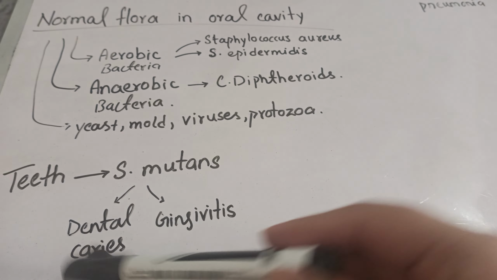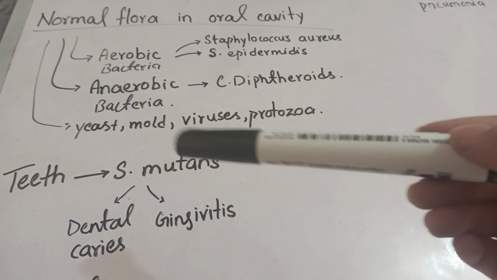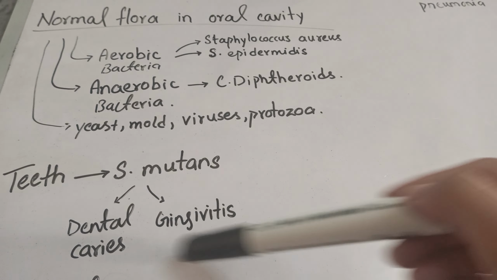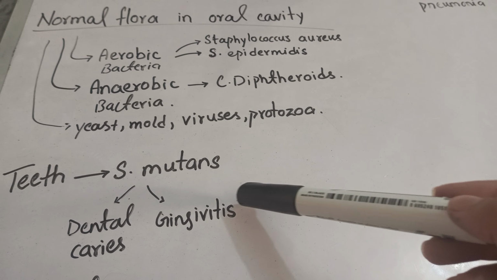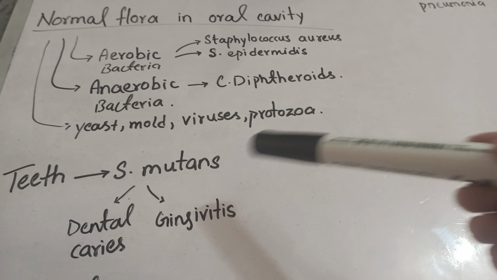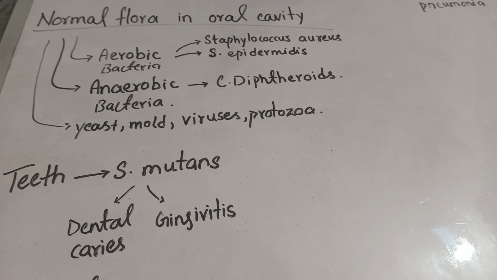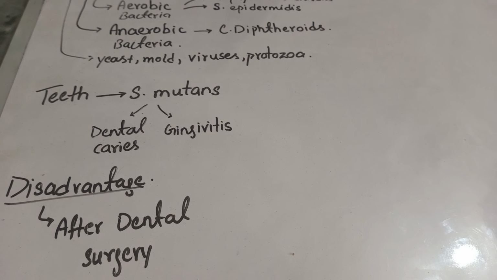In the teeth you have another type of bacteria which is Streptococcus mutans. It causes dental caries and gingivitis. Dental caries means the cavities which appear on your teeth, and gingivitis is a yellow colored coating which appears on your teeth. So this is due to the bacteria which are present on your teeth. Now let's discuss their disadvantages.